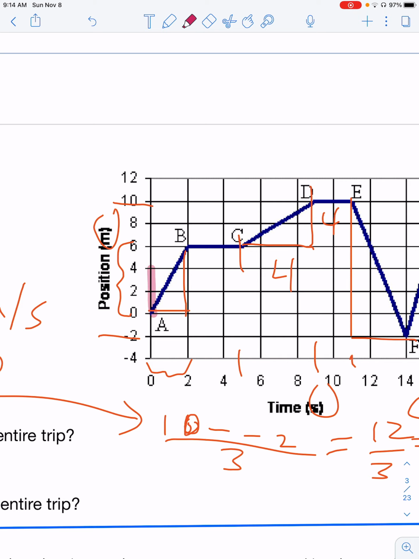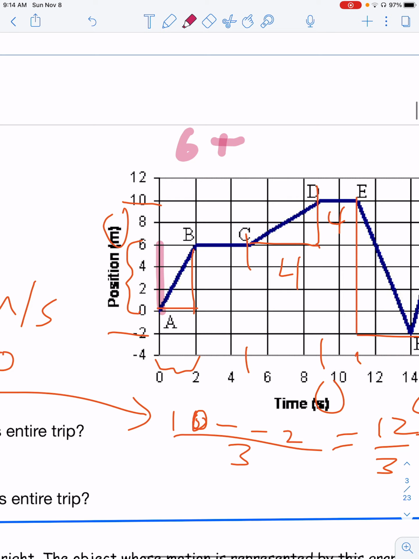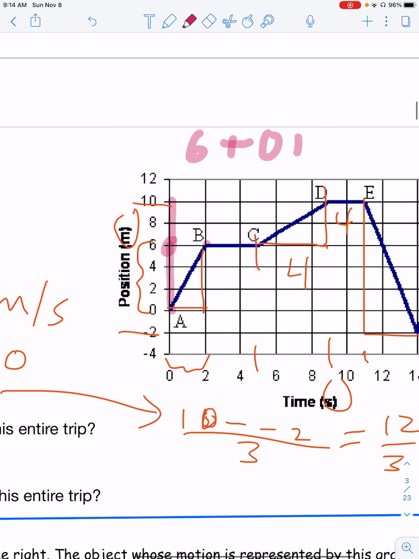From A to B, I went 6. I'm gonna keep a running chart up here. From B to C, I didn't go anywhere, right? From C to D, I went another 2 blocks, which would be 4.